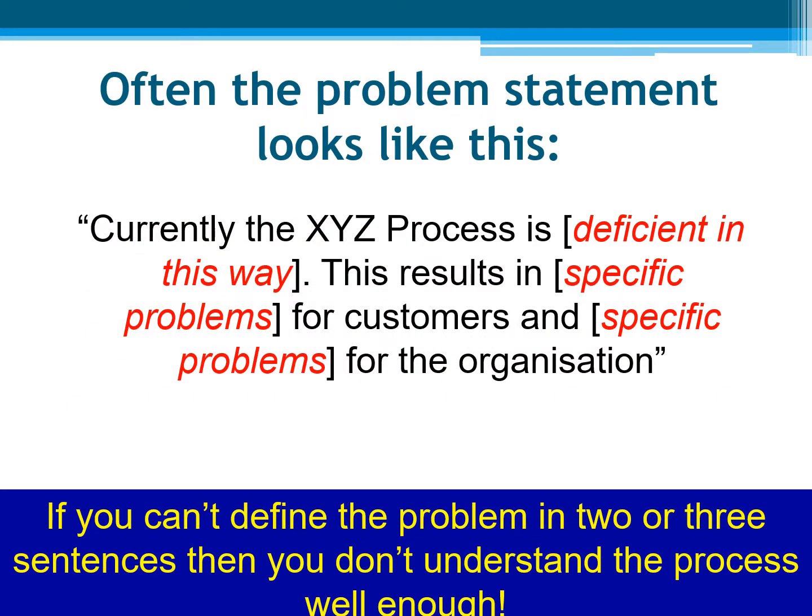So the problem statement might look like this. Currently, the XYZ process is deficient and results in specific problems for customers and specific problems for the organisation. If you can't define the problem statement in 2 or 3 sentences, then you don't understand the process well enough.